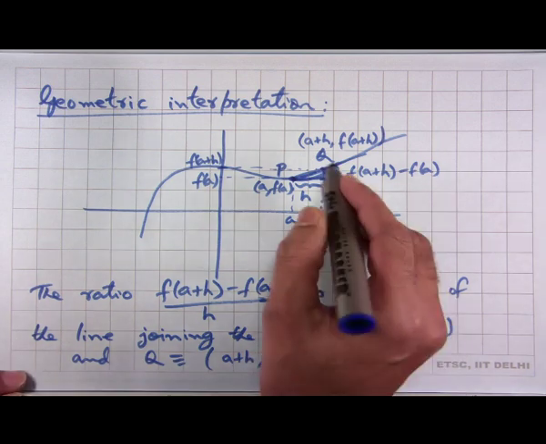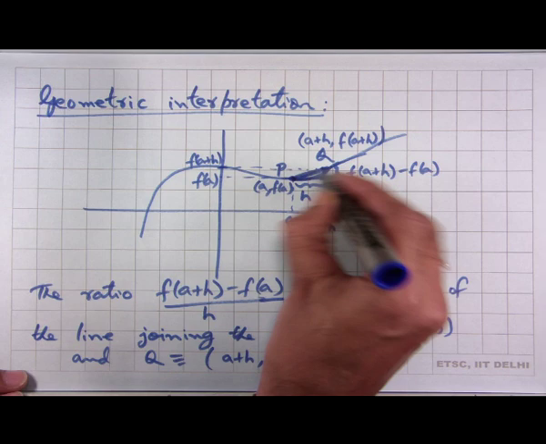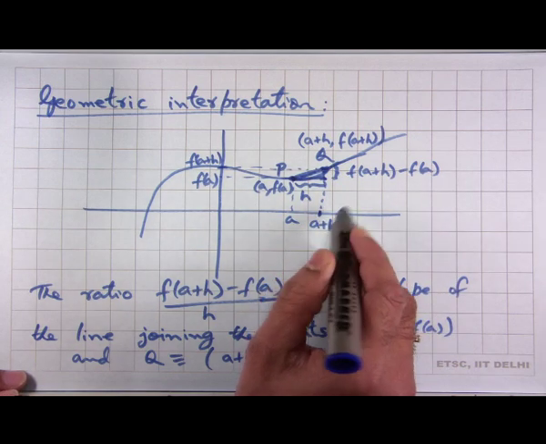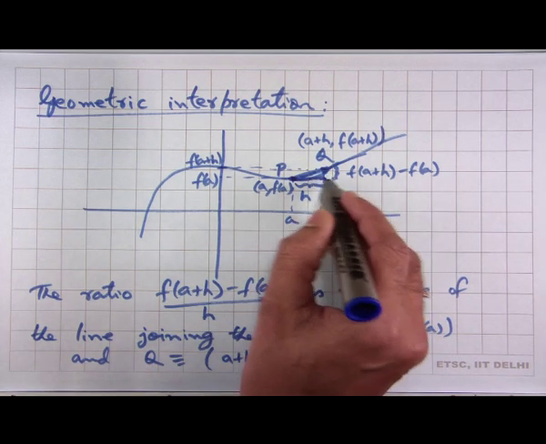Now, what happens as h approaches 0? So, we have to ask whether the limit of this ratio as h approaches 0 exists or not.